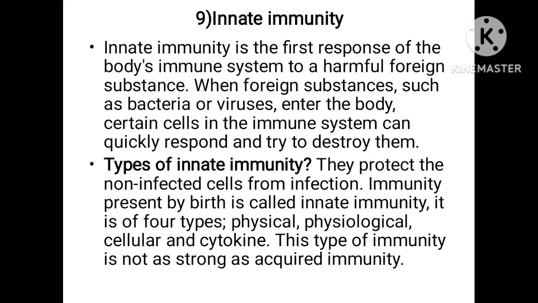This type of immunity is not as strong as acquired immunity. As you have learned in the class, there is natural immunity and acquired immunity. Natural immunity means nothing but innate immunity, which you get at birth.